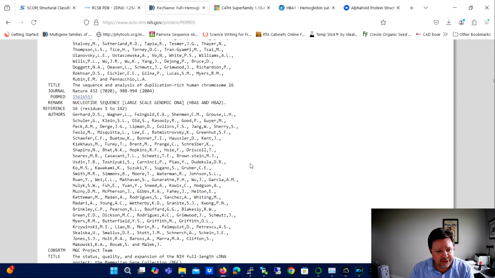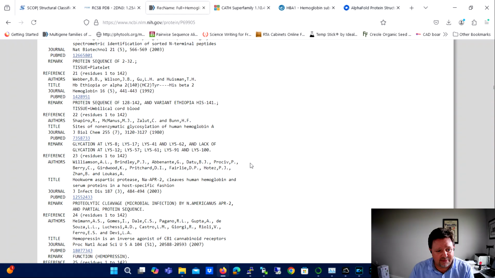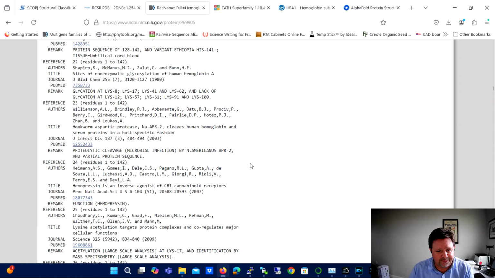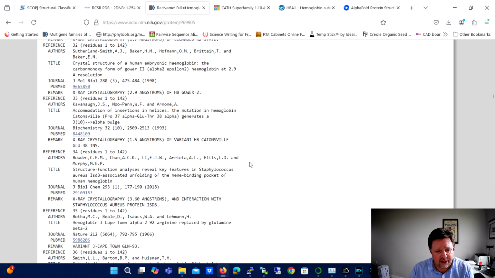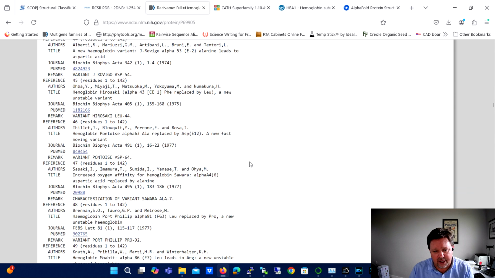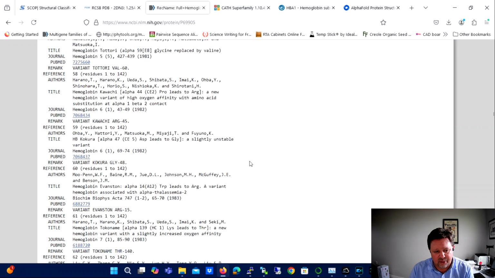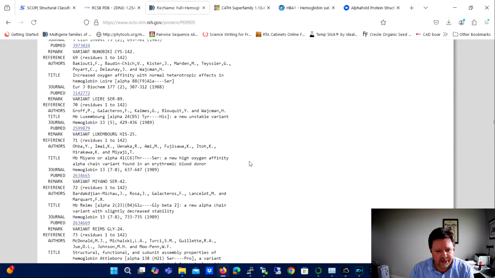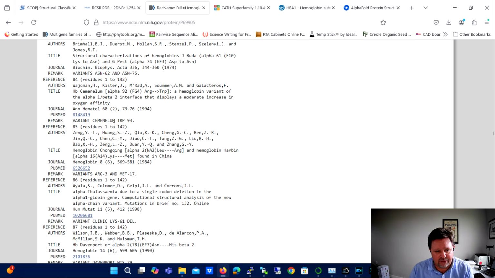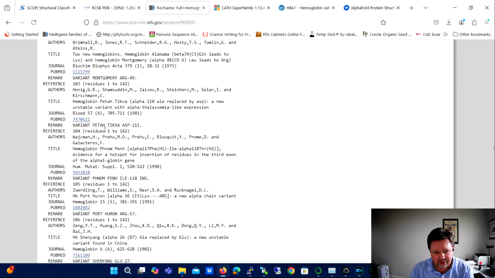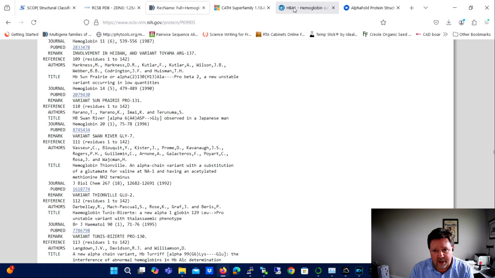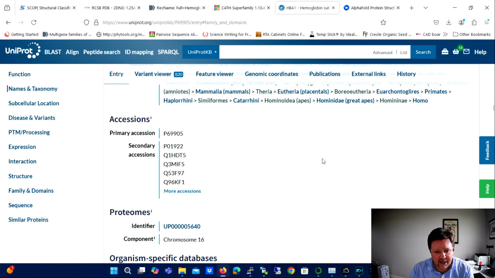Now, I've used the NCBI database many times, but I've got to tell you, it's not the most user-friendly database out there. It's in a form that looks more like a database structure, more like a machine-readable structure. It's not quite as nice as the UniProt database in how it looks.